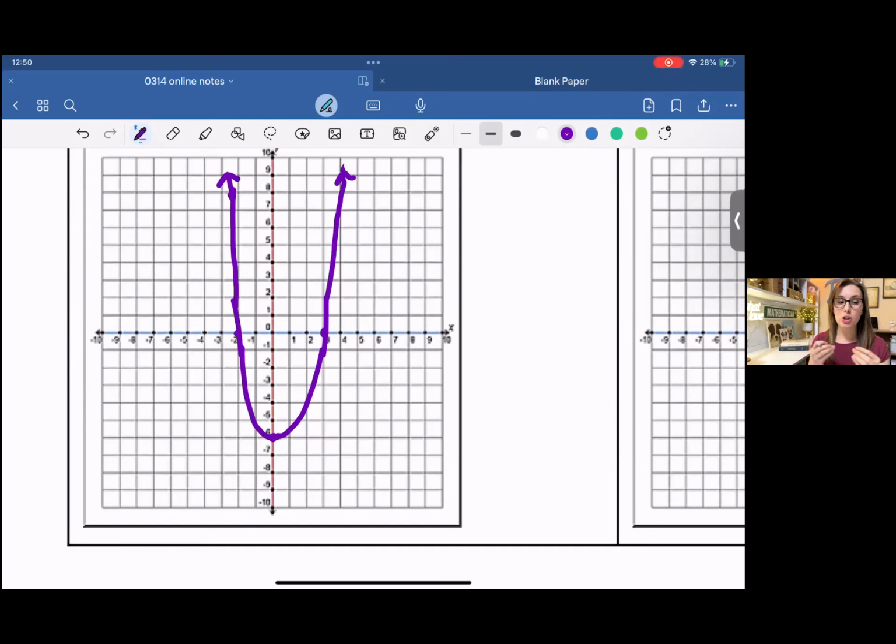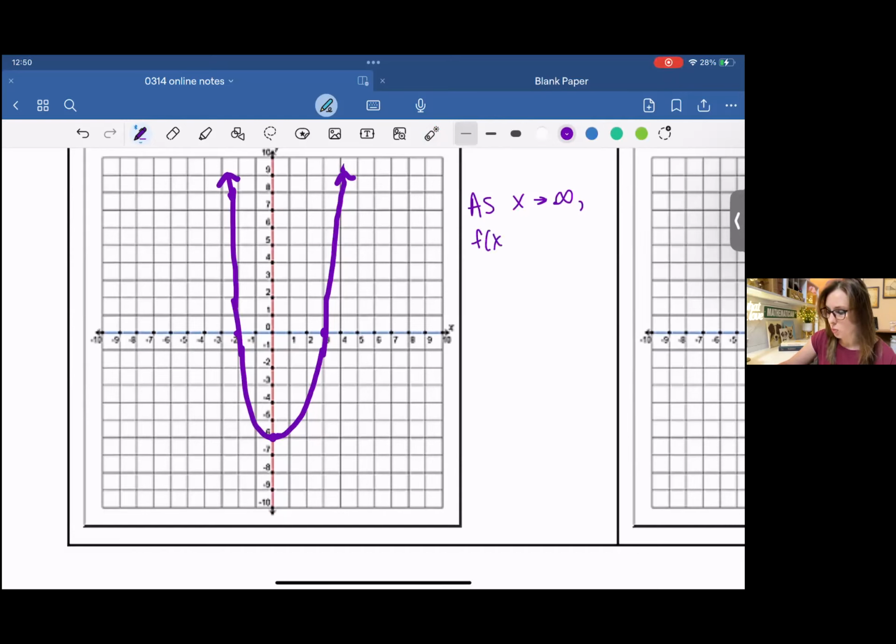So now if I describe the end behavior, if it tells you to describe the end behavior, then what that means is, if it's a homework, they're going to say, as x approaches positive infinity, so this is the positive direction, the y values are also going in a positive infinity direction.